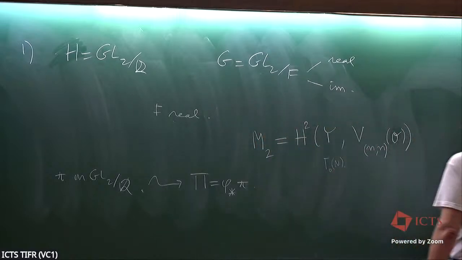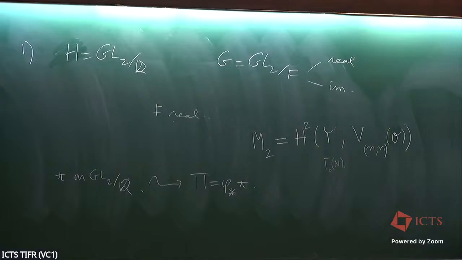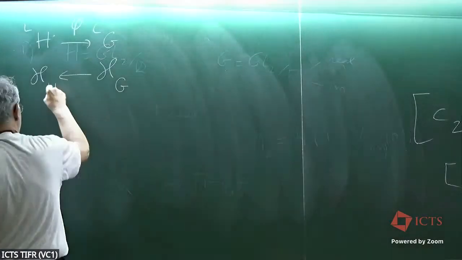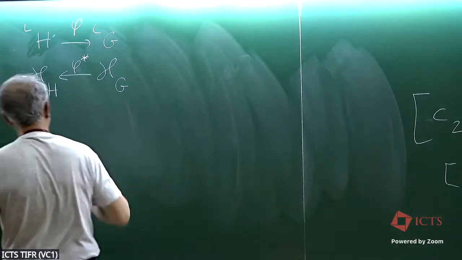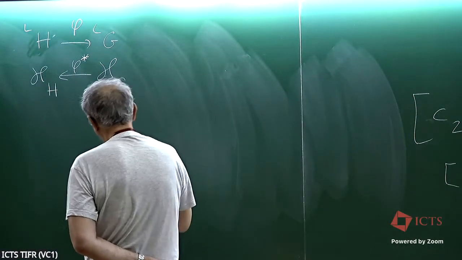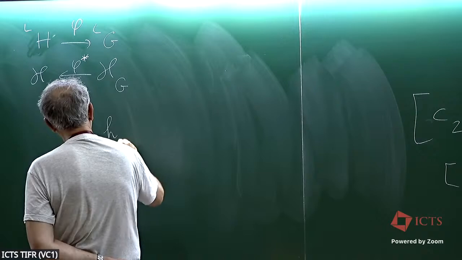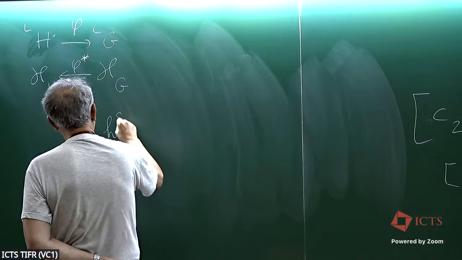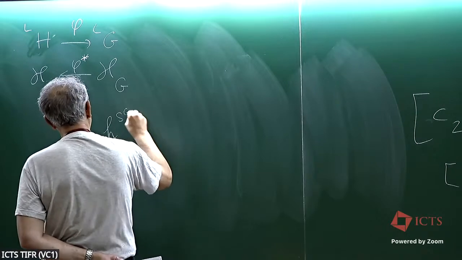Something I forgot to say, that when you have this transfer, you have a map from the abstract Hecke algebra to the abstract Hecke algebra of H, which I denote by phi upper star. And it factors through HGS. So this is SG, if you like.